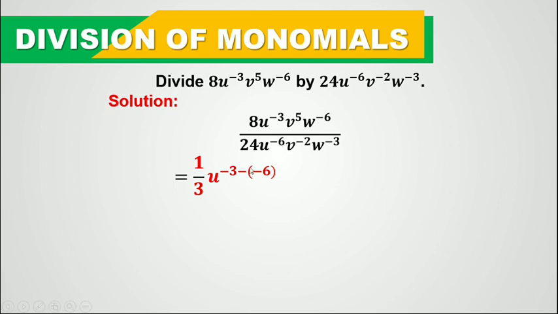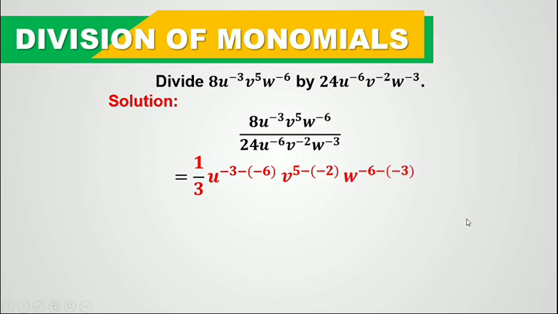So you have to write parentheses so that it gives you a hint that the exponent of the divisor is a negative exponent. And then v, 5 minus negative 2, and then w, negative 6 minus negative 3.